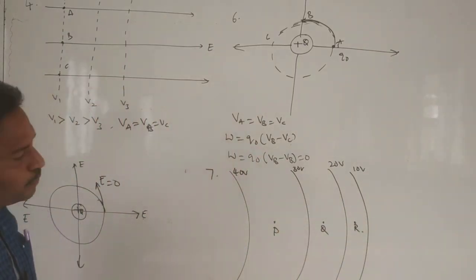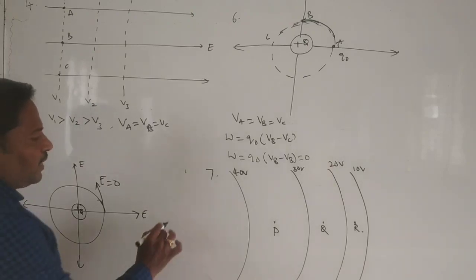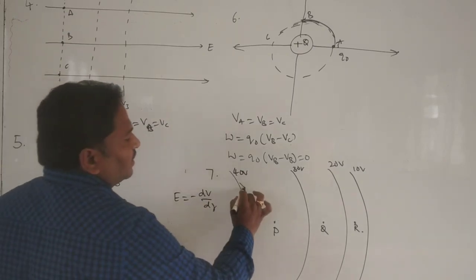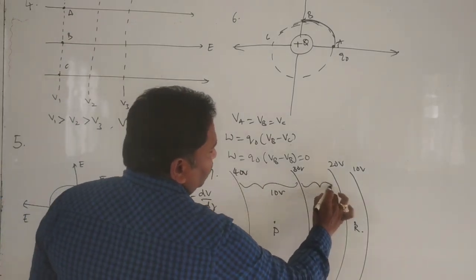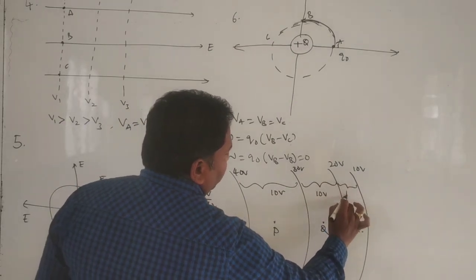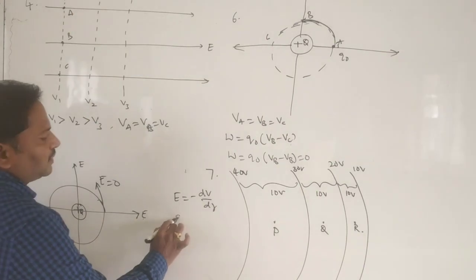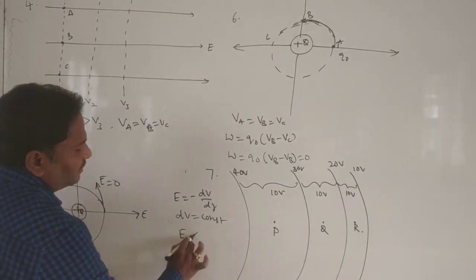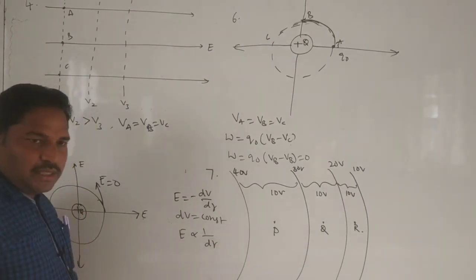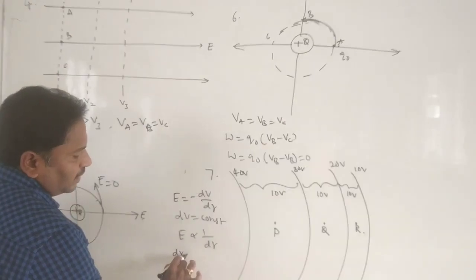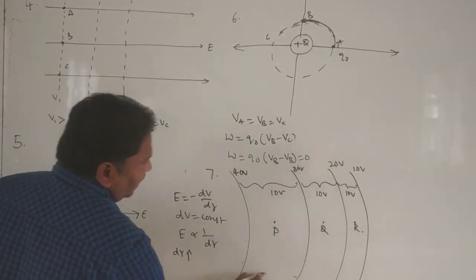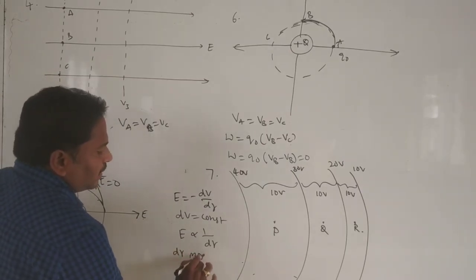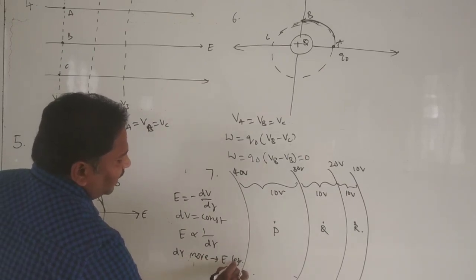So now which has more electric field? According to the relation, E is equal to minus dV by dr. Here what is the potential difference? 10 volts. Here also the potential difference is 10 volts. Here also 10 volts. That means dV is constant. So with dV constant, E is proportional to 1 by dr. That means where the separation between the equipotential lines is more, there the electric field is very less.